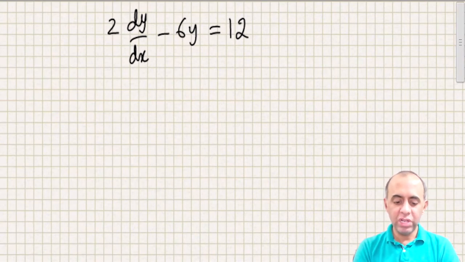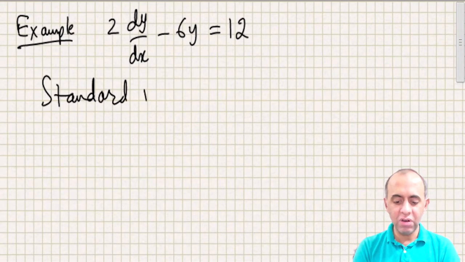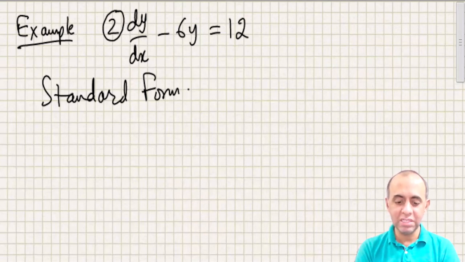Before we move on, you should first see whether this equation is in standard form or not. In order to make it a standard form, what do we do? We divide all of the equation by the leading coefficient of the highest derivative term, which we named a1, which is the coefficient of dy by dx in this case.